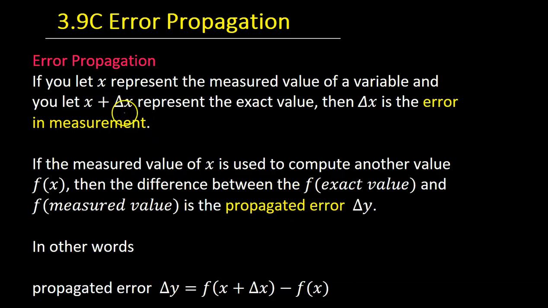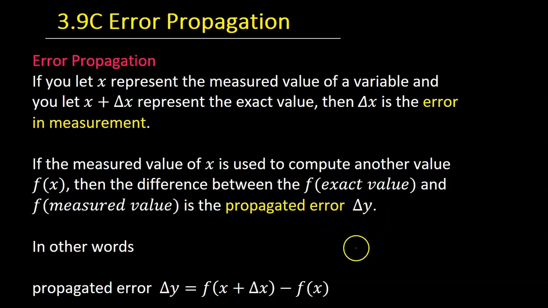If you let x represent the measured value of a variable, and you let x plus delta x represent the exact value, then delta x is the error in measurement. If the measured value of x is used to compute another value, f of x, then the difference between f at the exact value and f at the measured value is the propagated error, which we will call delta y.